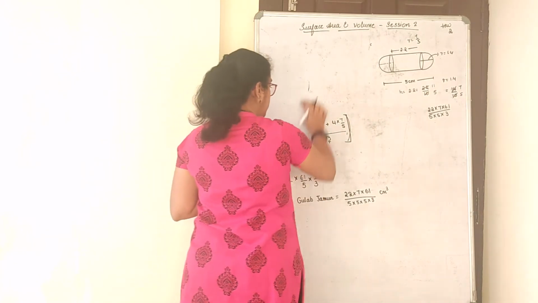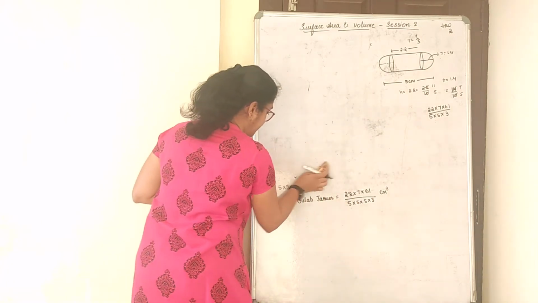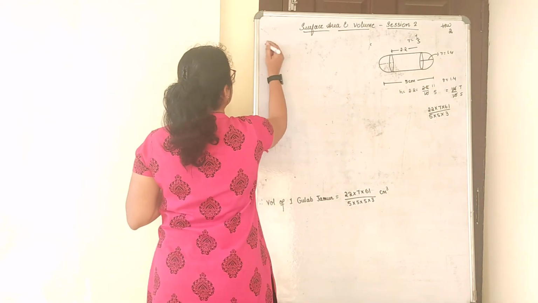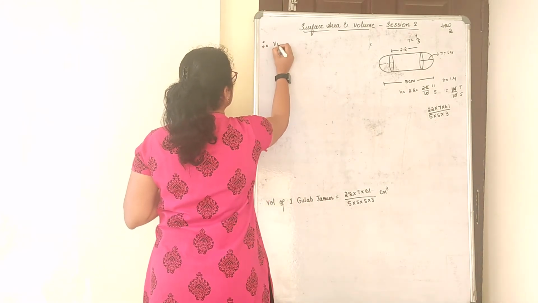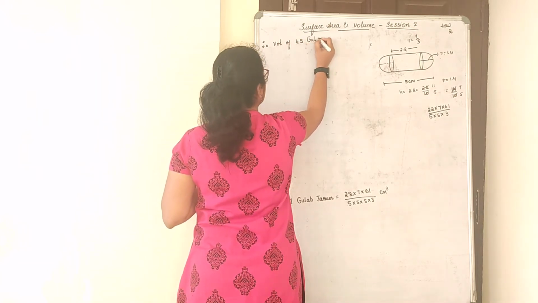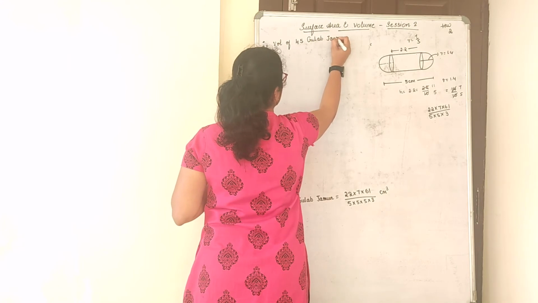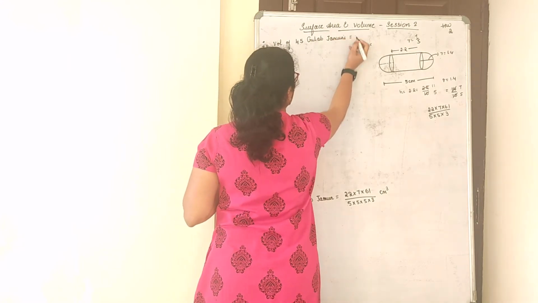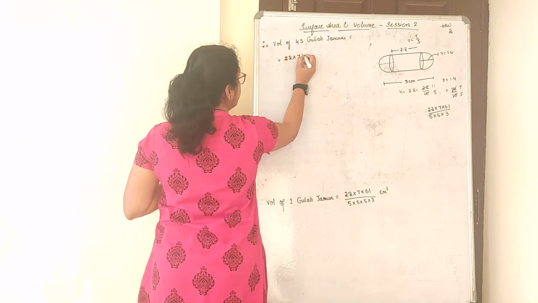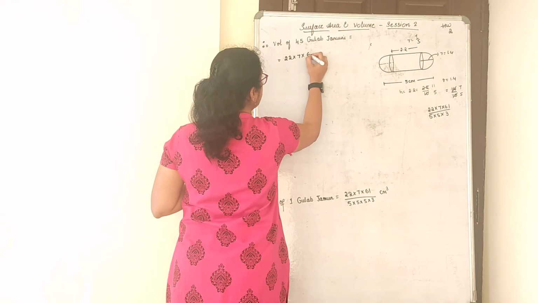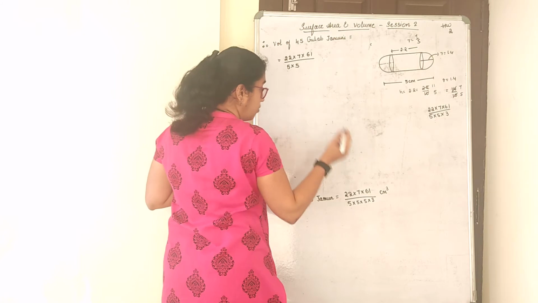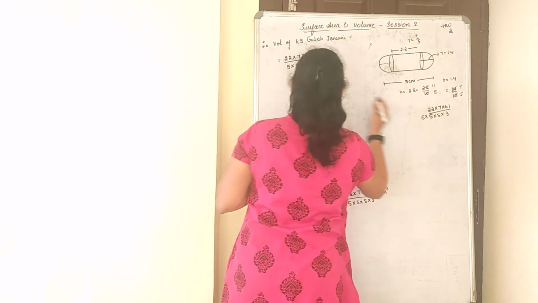No cancellations again, just multiply that by 45. I'll write here now. Therefore, volume of 45 gulab jamuns is equal to, same thing you write here, 22 into 7 into 61 divided by 5 into 5, oh, one more 5 we had here, no?